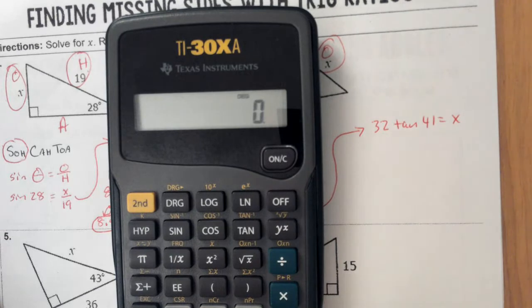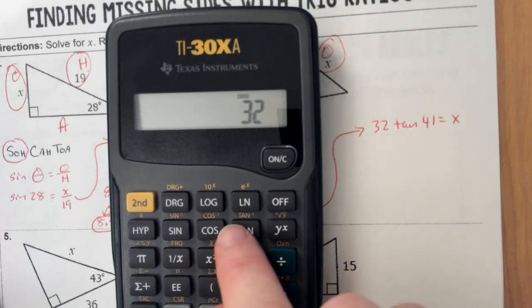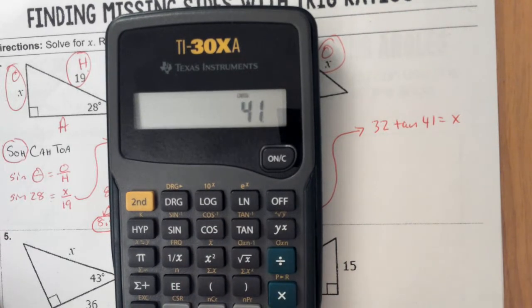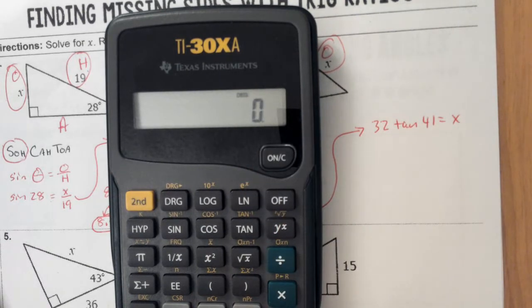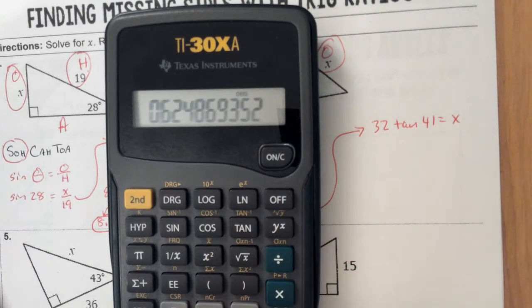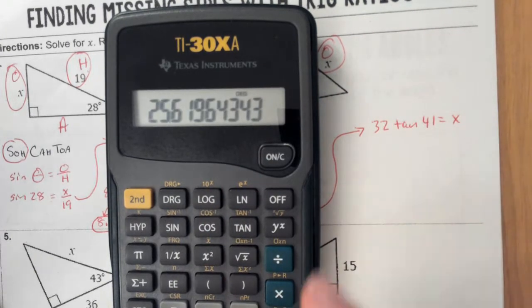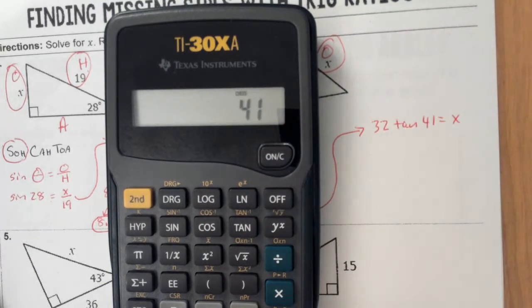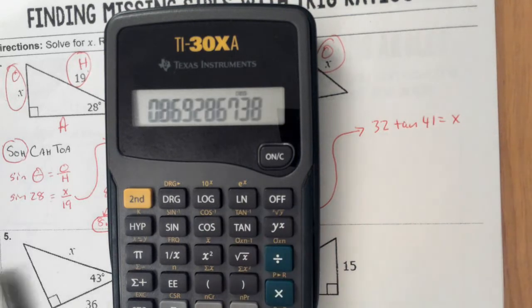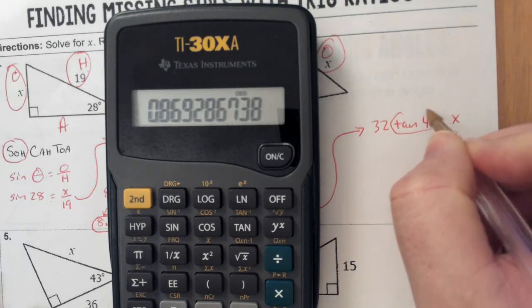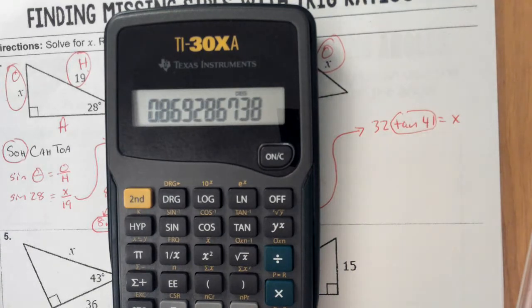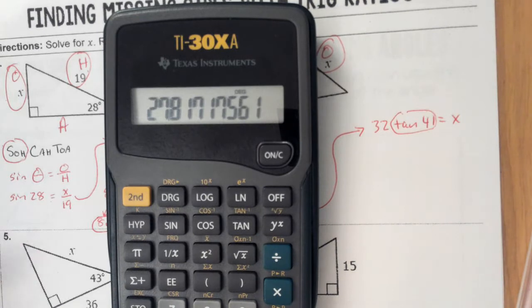If you go the other way, 32 tan 41, it doesn't work. A lot of people do 32 tan and then times 41. That is totally wrong. You have to do 41 tan first. You get a decimal, now multiply by 32, and you get this answer.